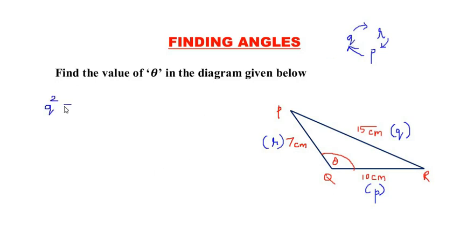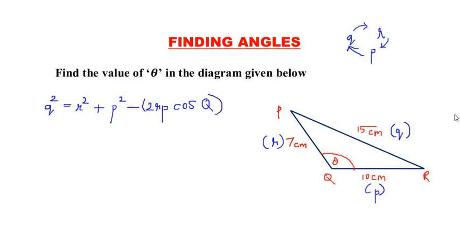Q square equals R square plus P square minus 2RP cos of angle Q. Since the side Q is taken, we are going to have the angle Q, and we chose Q side because it's opposite to the angle we need, which is theta over here, and this entire thing is one term.